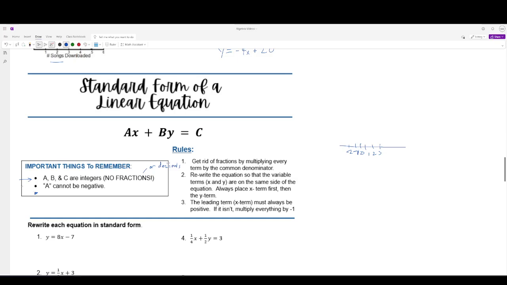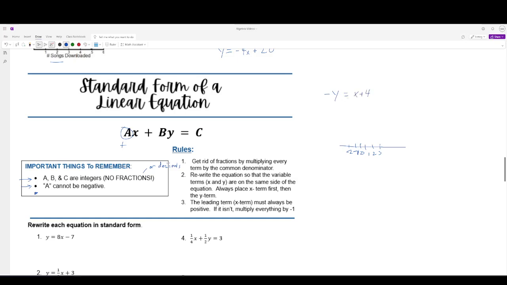Second rule is a is not allowed to be negative in linear standard form. So this number has to be positive. If it's negative, we can fix it by multiplying all the terms by -1. Very similar to when we end up with -y equals x plus 4.